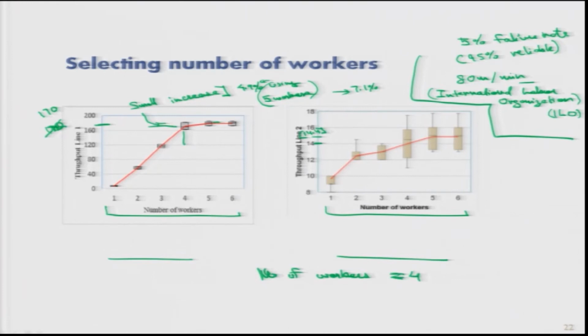So, you can see how our simulation is helping us. It has helped us to decide the number of workers for the present scenario. The number of workers selected here is 4.